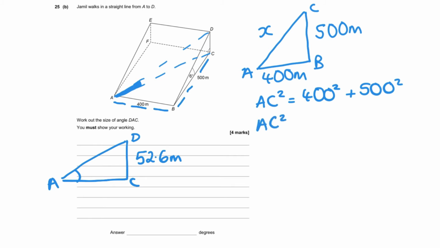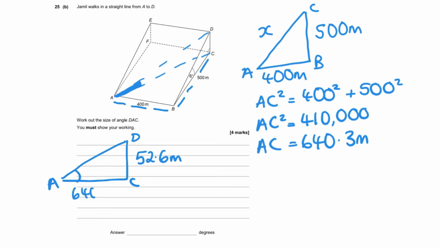So AC squared is equal to 410,000 on our calculator. So AC is equal to 640.3 metres. Now we can put that information onto our original triangle. We've got 640.3 metres here.